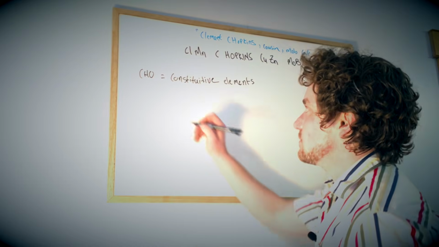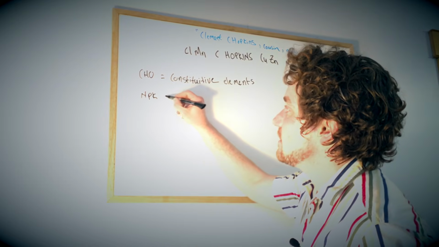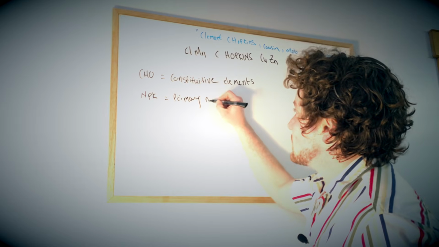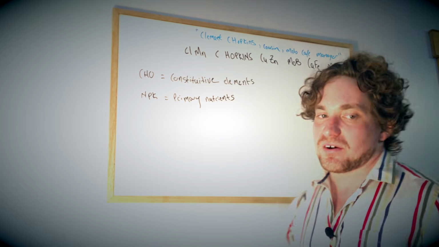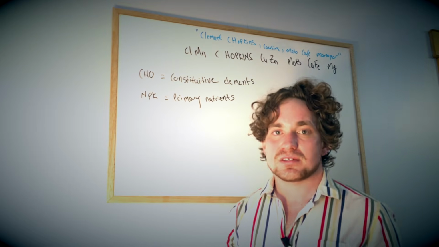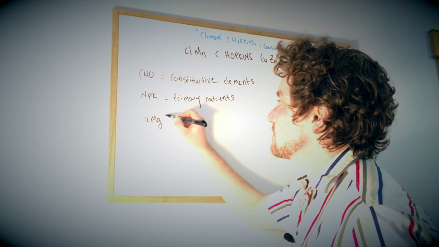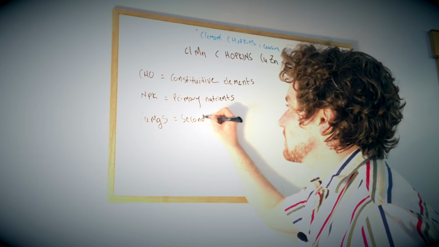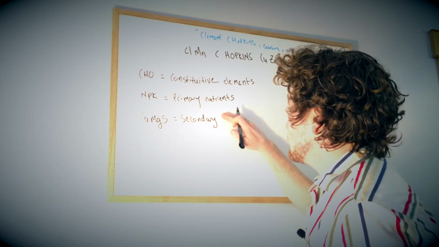So our primary nutrients, as most of you will be aware, are NPK, and those are primary nutrients. And then our secondary nutrients are our calcium, magnesium, and sulfur. And these are needed in secondary importance of abundance.